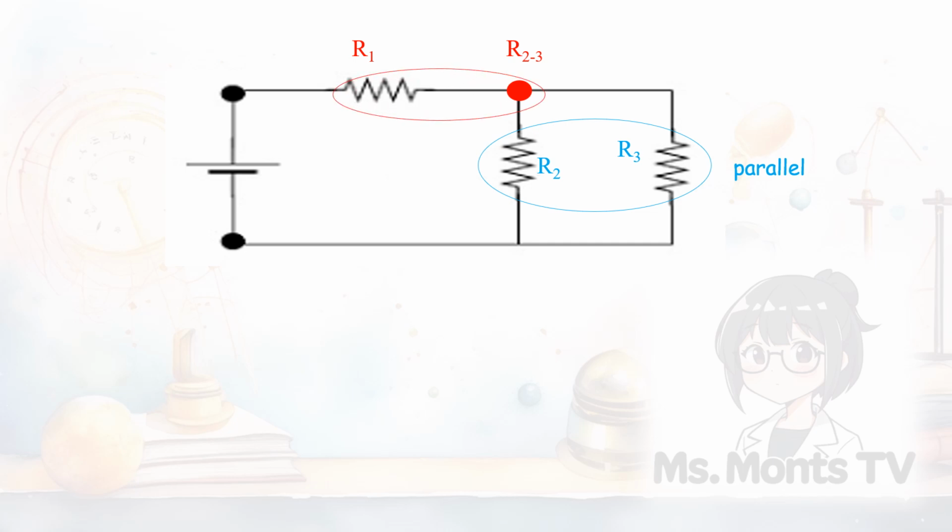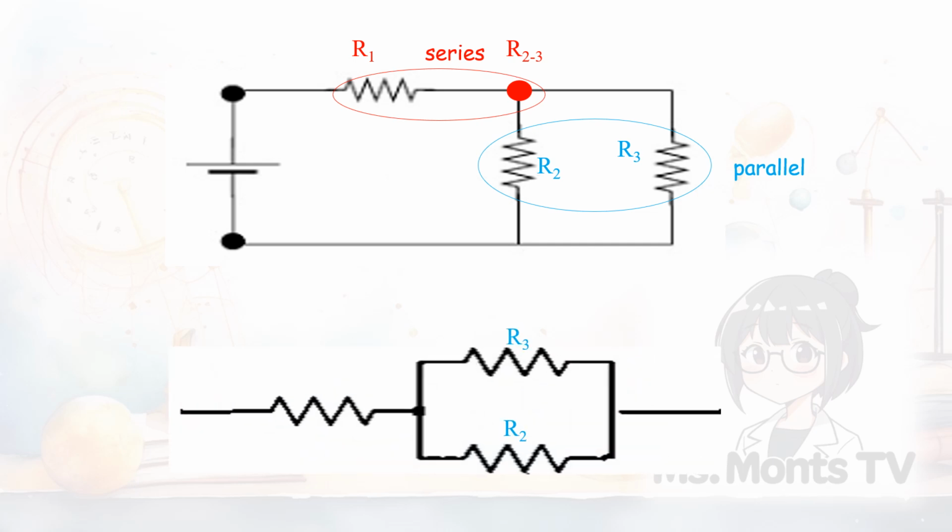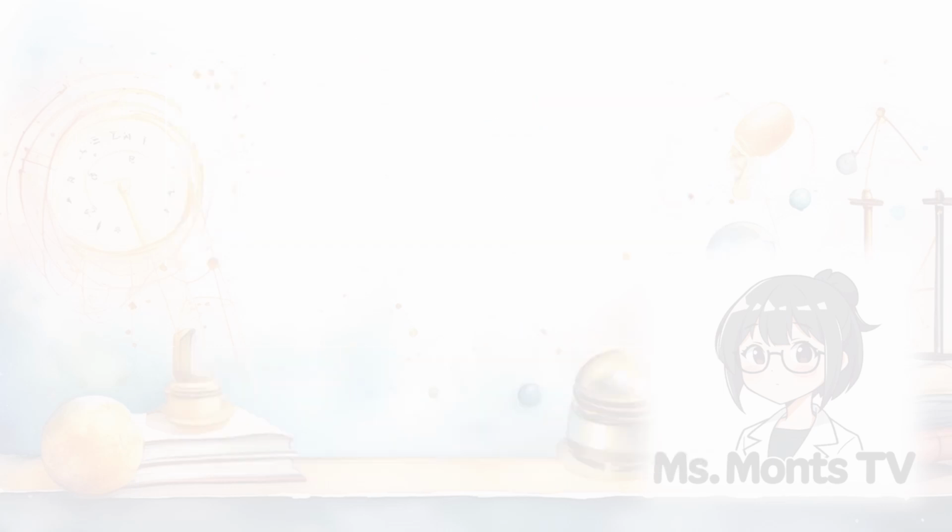We have to remember this when computing the capacitance, current, power, resistance, and voltage, because they have different formulas. So you have to remember this one is in series and this other one is in parallel. Or we can draw it like this: this is parallel and this one is in series. Okay, so let's start.